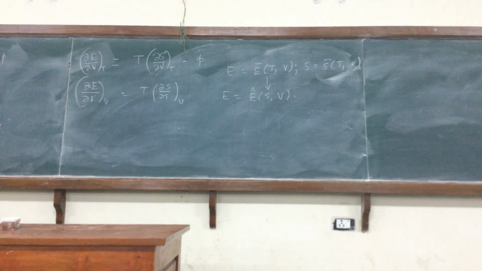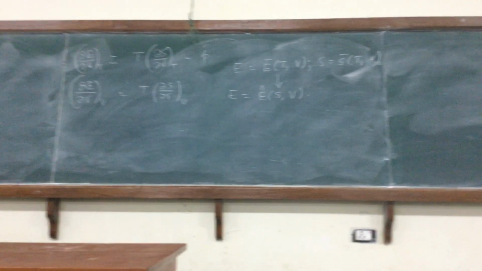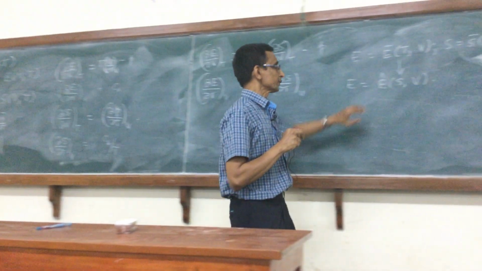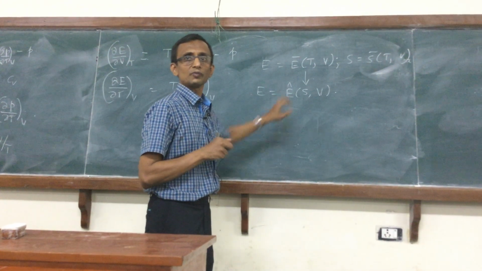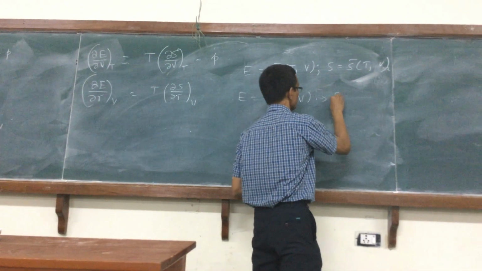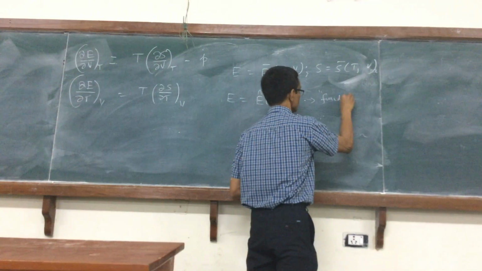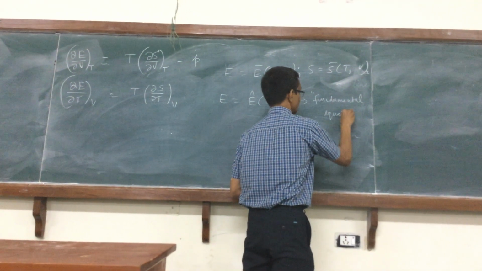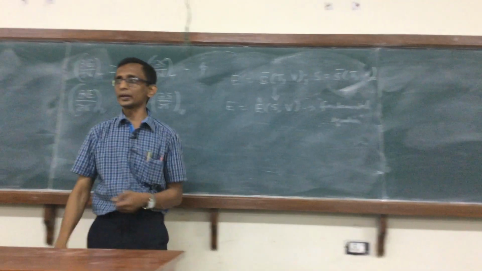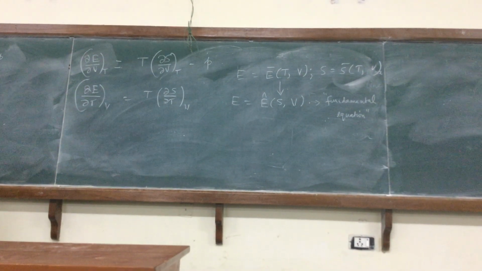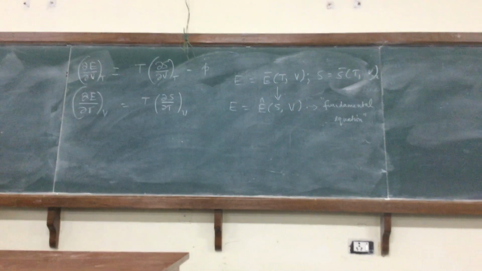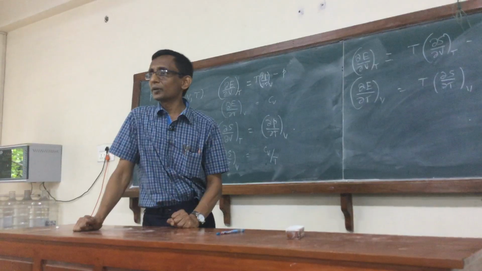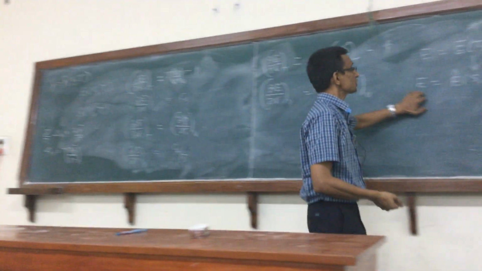This is what Gibbs did. In his first paper on thermodynamics, Gibbs simply recast the equations of classical thermodynamics in terms of this equation, which he called a fundamental equation. It's a very important idea. So there's really a reason why Gibbs chose to start the thermodynamics of reversible processes based on this equation as opposed to this.